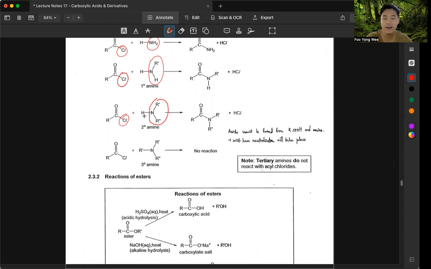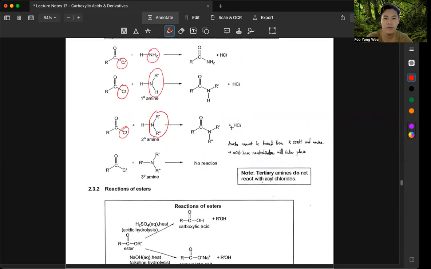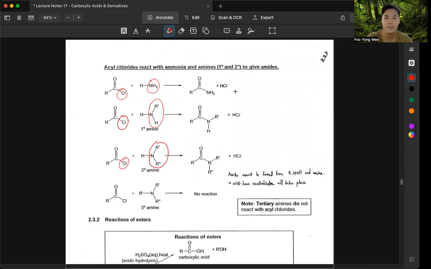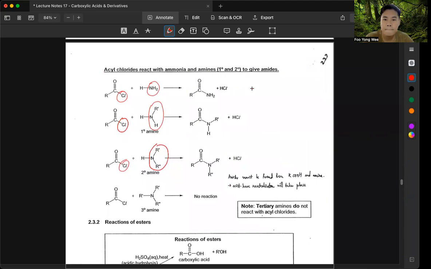You don't have the H there to break to form this. And HCl forms, white fumes of HCl. So this is the amide.